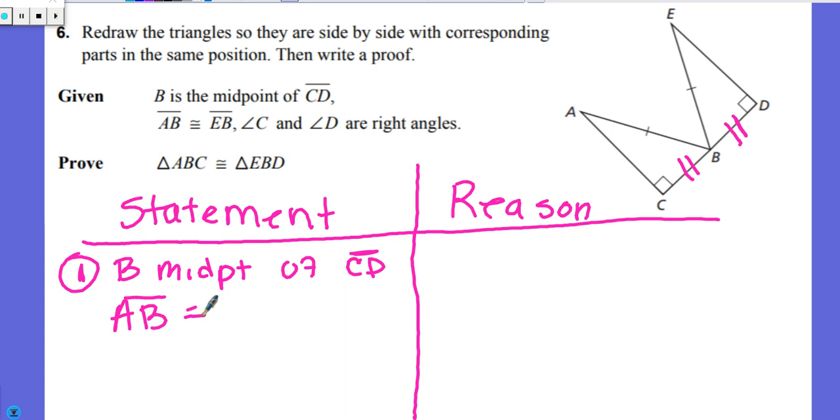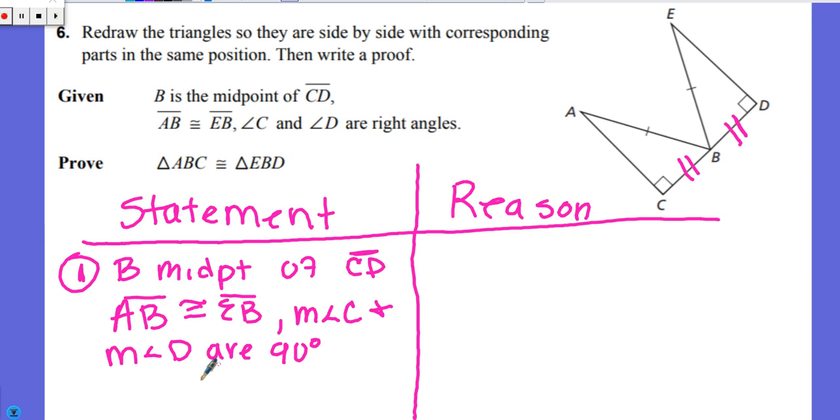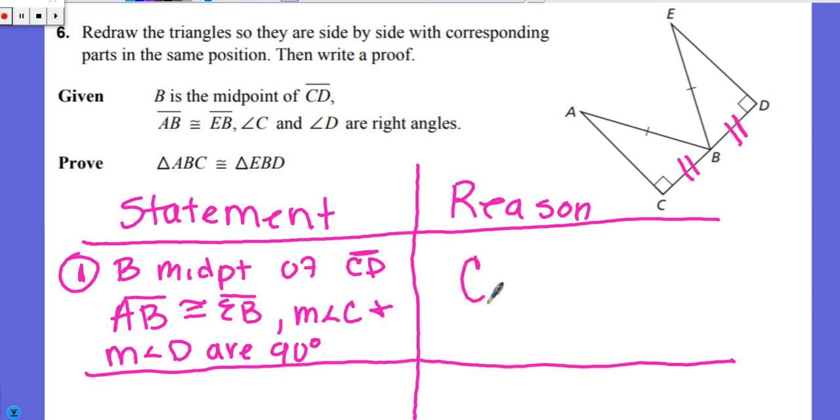AB is congruent to EB, and measure of angle C and the measure of angle D are 90 degrees. And I'm just restating. You can write it verbatim, but I'm writing shorthand because I'm just being lazy. That's all. So you can write it all the way out. I just kind of paraphrase. And the reason why I'm saying that is because it's given.